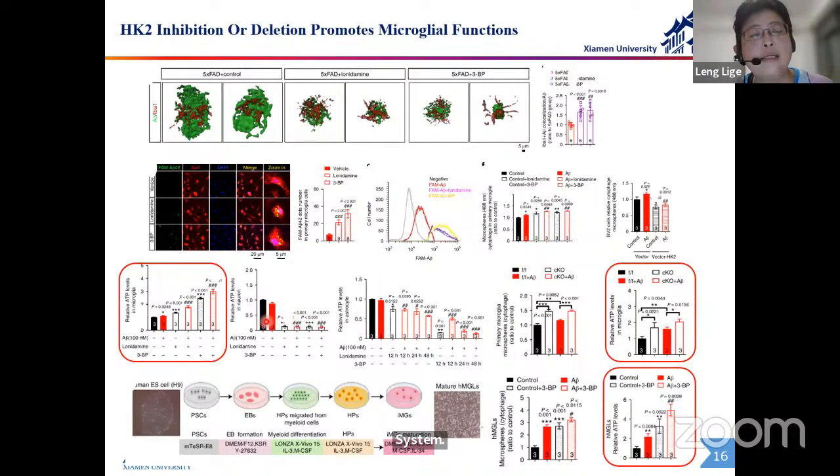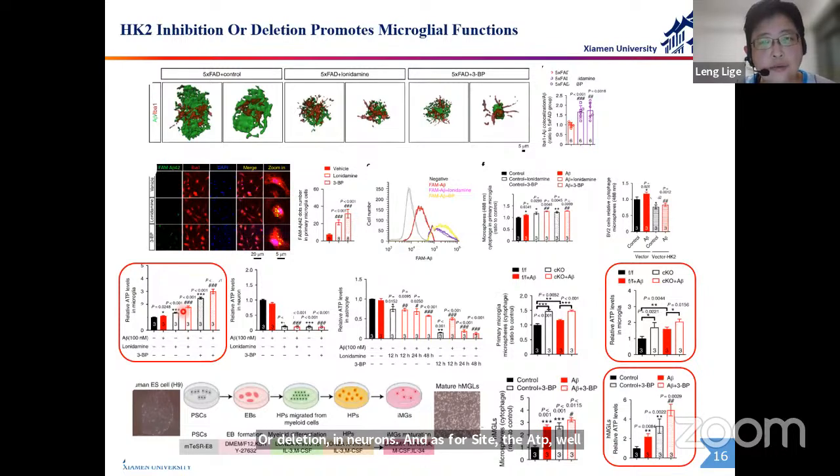That means that when we inhibit or delete HK2 in neurons and astrocyte, the ATP will significantly decrease, but in microglia, actually it's not decreased, but increased the ATP production.